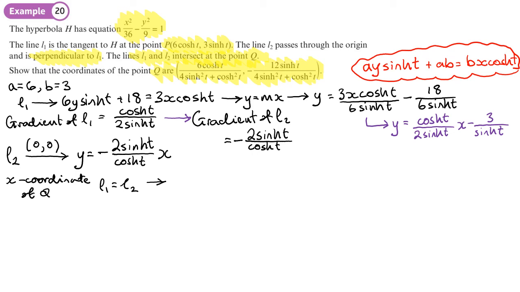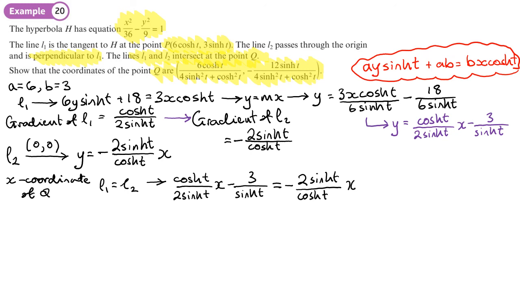So that will be cosh t over 2 sinh t x minus 3 over sinh t equals, so that's L1, equal to L2, minus 2 sinh t over cosh t x.